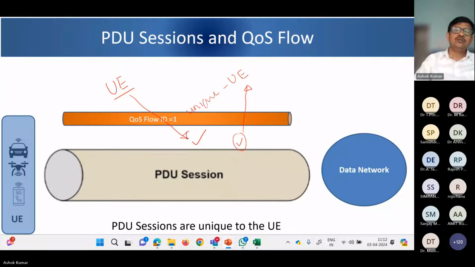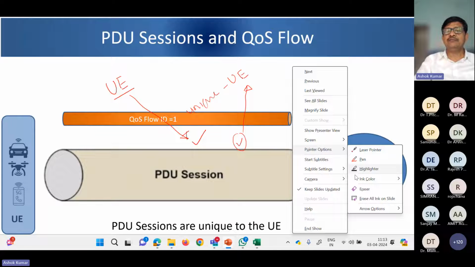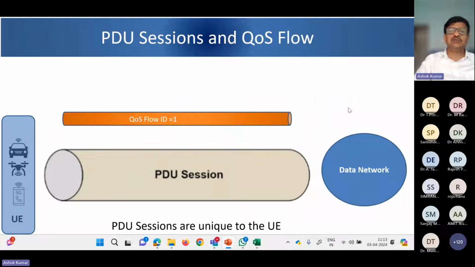So now, the granularity of any data flow is the QoS flow. Within this PDU session, a default QoS flow will be added.